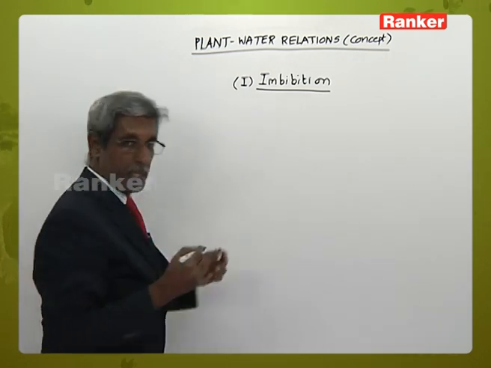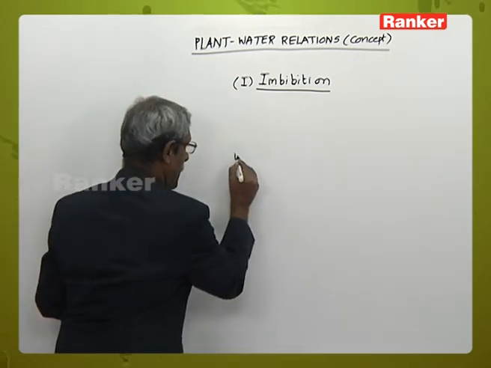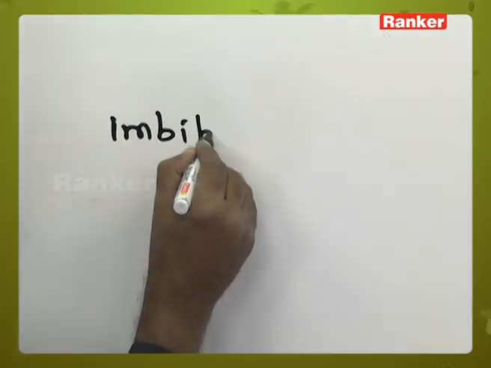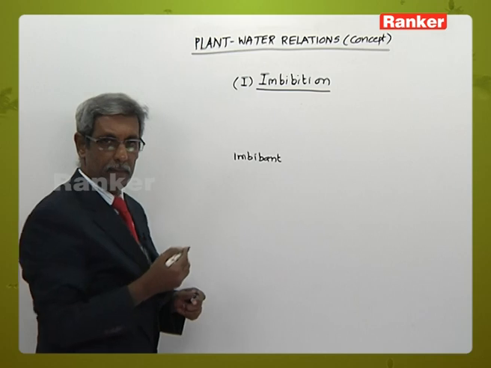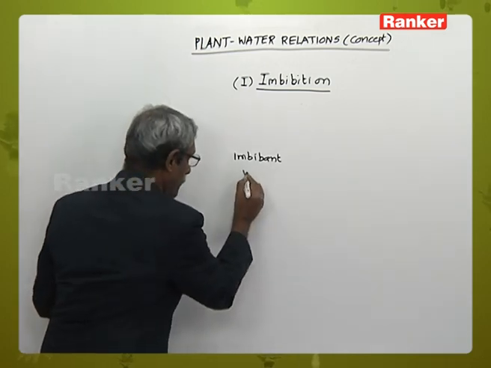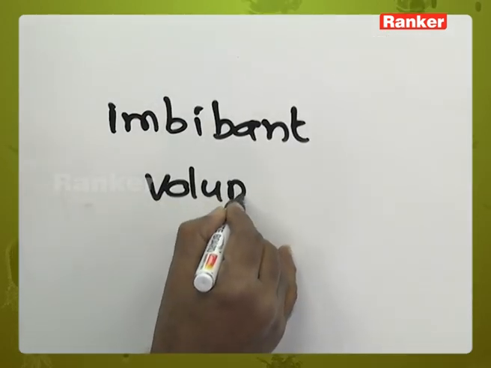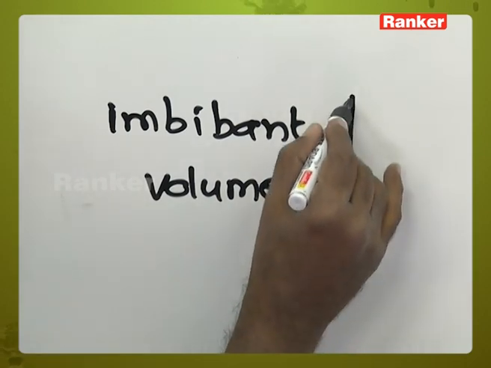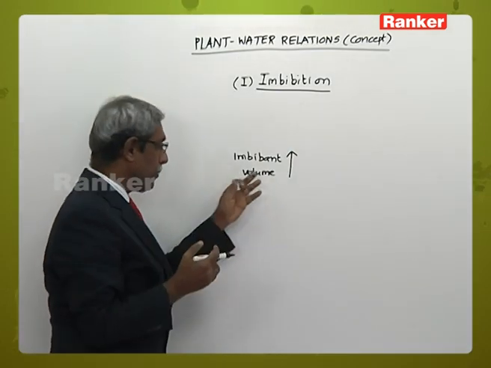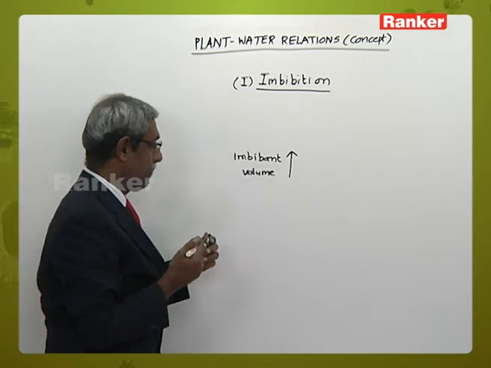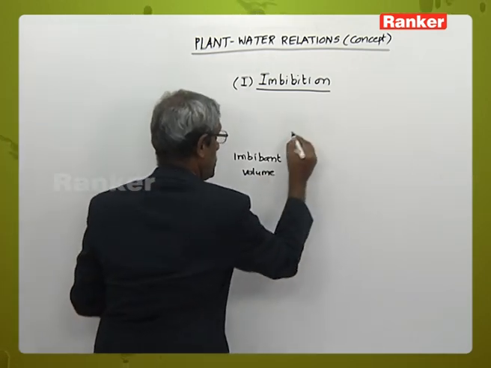In imbibition, the chemical which absorbs water is termed the imbibant. The volume of the imbibant increases. The volume of the proteins increases on the seed coats. This leads to germination of seeds.